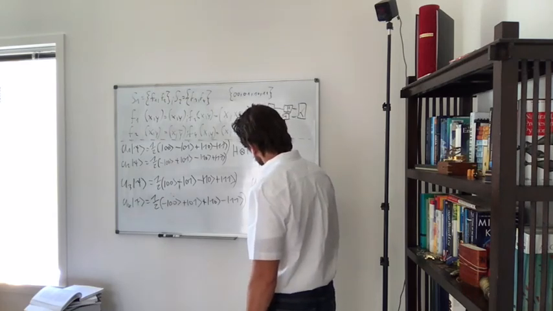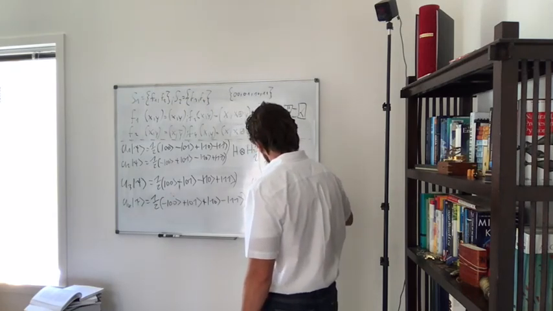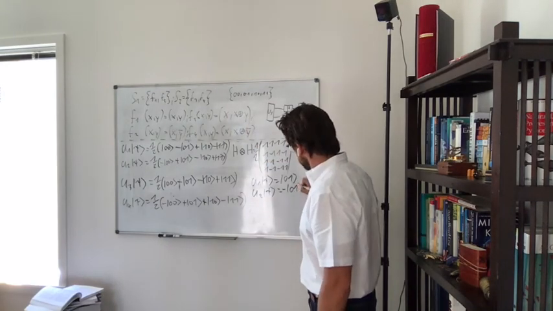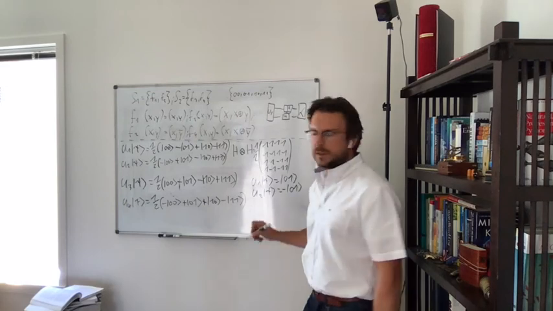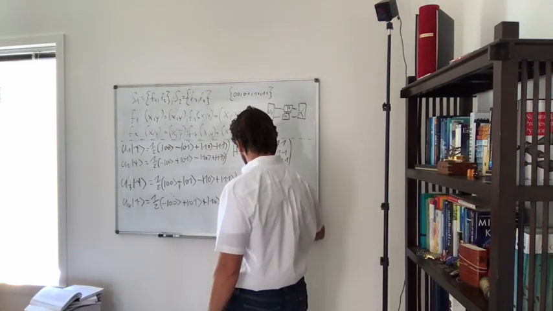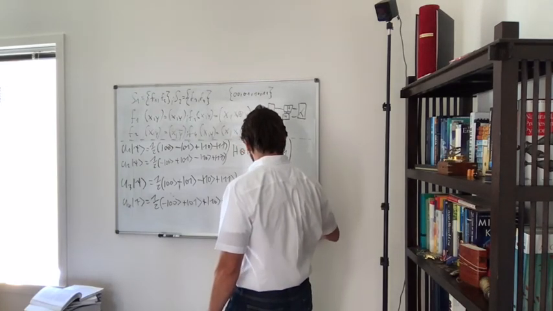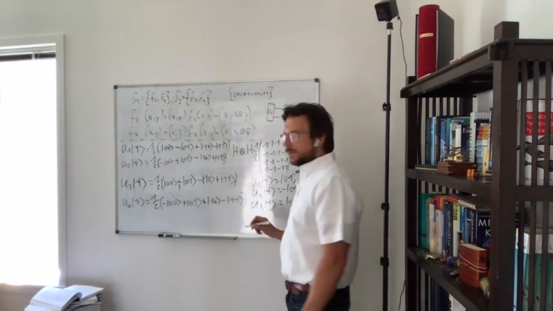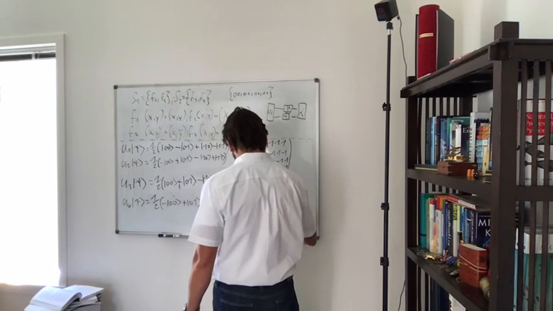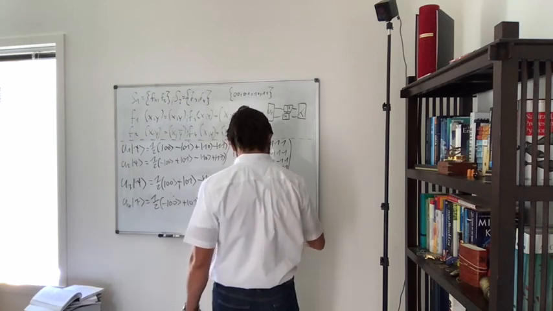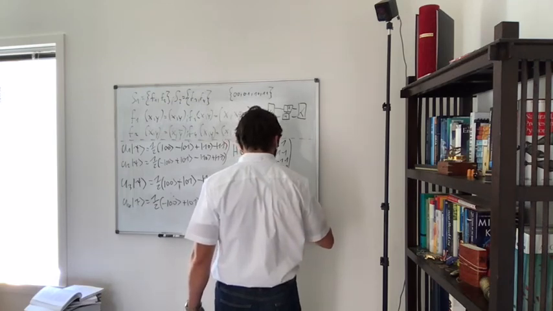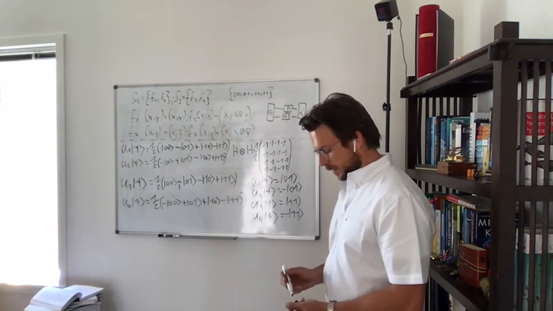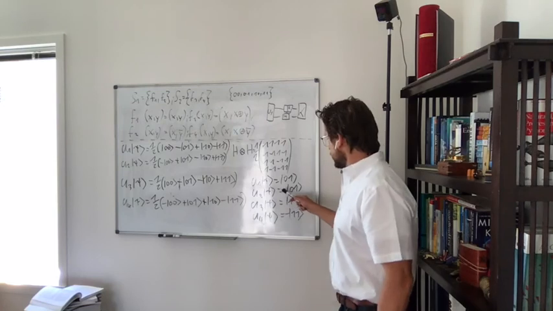For U2 of psi, we get the result 0, 1. For U3 of psi, we get the result 1, 1. And lastly, for U4 of psi, we get the result -1, 1.